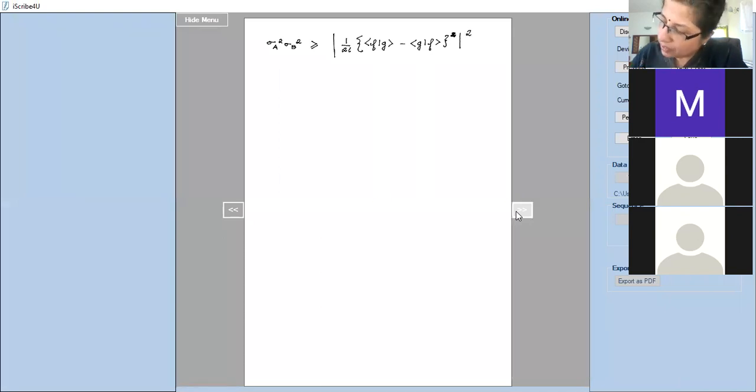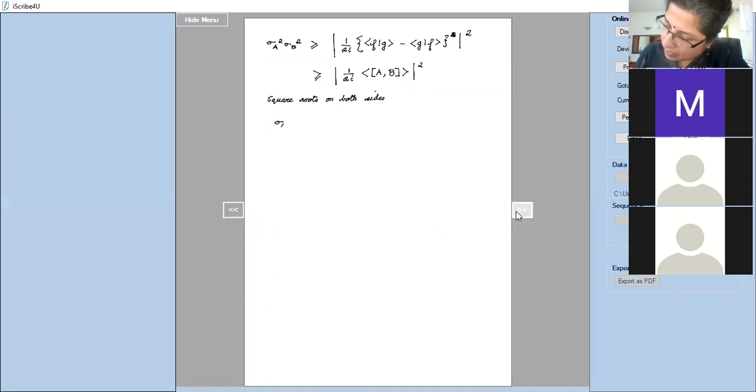So now what do we get over here? So it's greater than or equal to, let's write it down, modulus of 1 by 2i. What did we have over here? Expectation value of commutator of A comma B. Yes, everybody with me? So now what do we have? Let's take square roots on both sides. And what will we get?